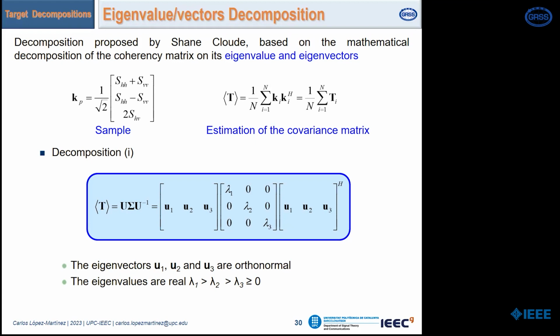This is a compromise. Whenever I have distributed targets, like forestry, I will go to the Cloude-Pottier decomposition, more or less. But I'm reluctant to say so, because people normally take this as an act of faith, and it's not that.